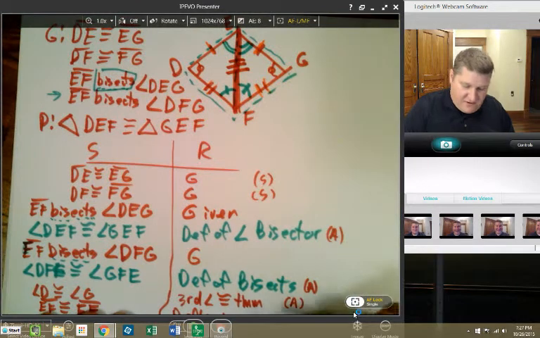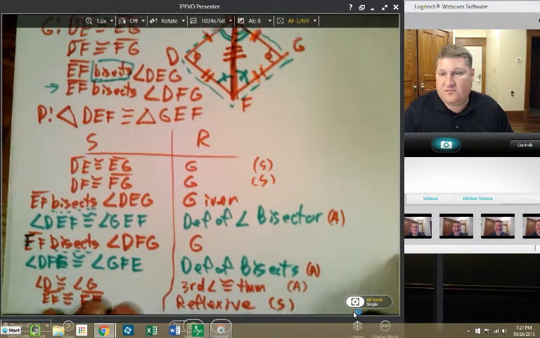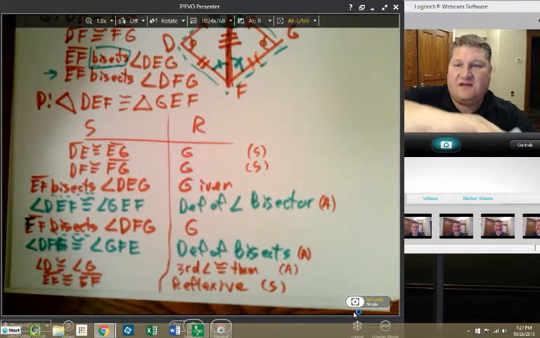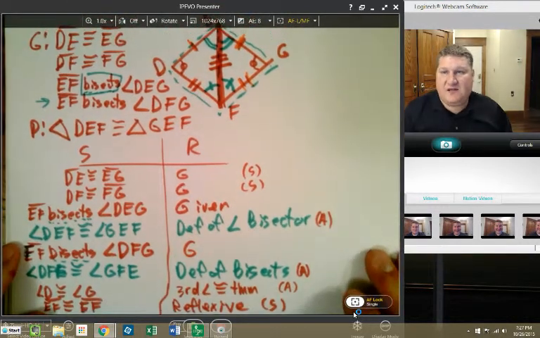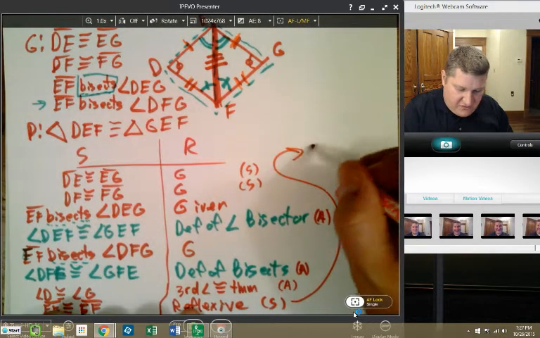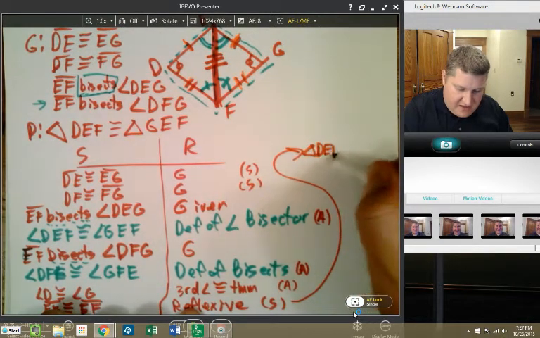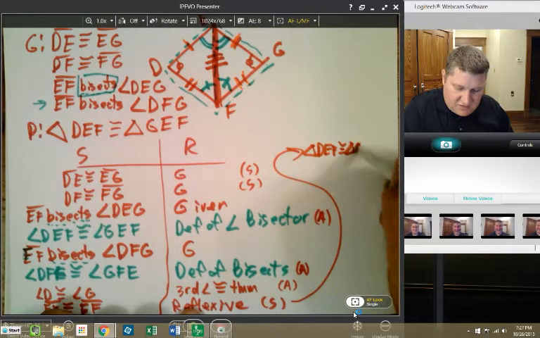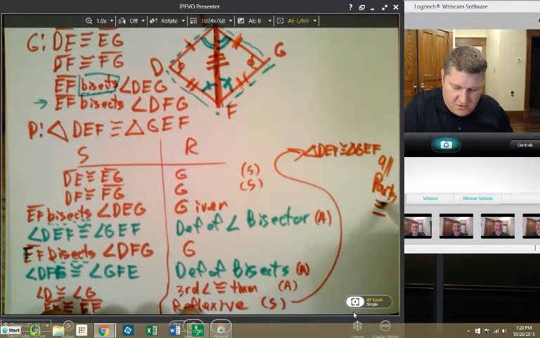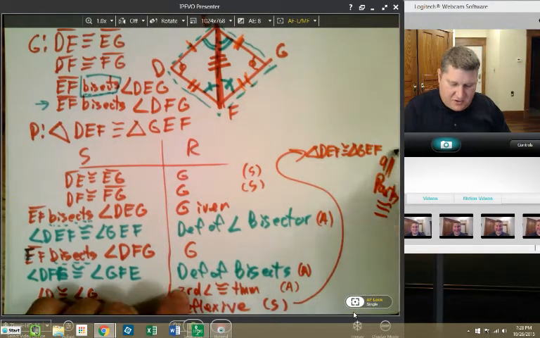Now, I have three sets of angles, three sets of sides. With three sets of angles and three sets of sides, I can finally prove the two triangles congruent. So I can say that triangle DEF is congruent to triangle GEF because all parts congruent.